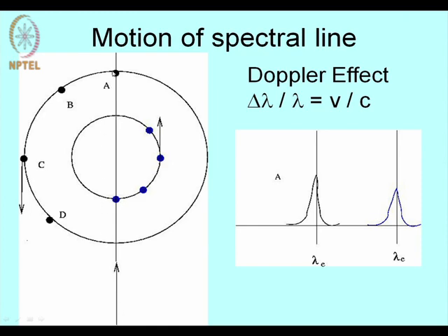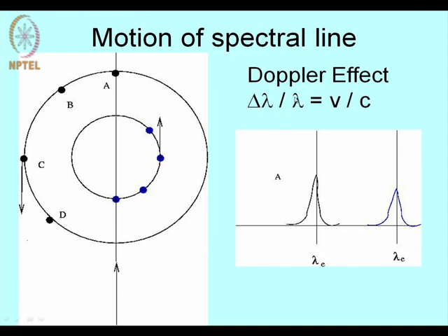So, in the position A there is no velocity component of the motion along the line of sight, and it is the line of sight component of the velocity that causes the Doppler effect. What is the Doppler effect? Let me remind you, the Doppler effect is a shift in the wavelength of a spectral line.